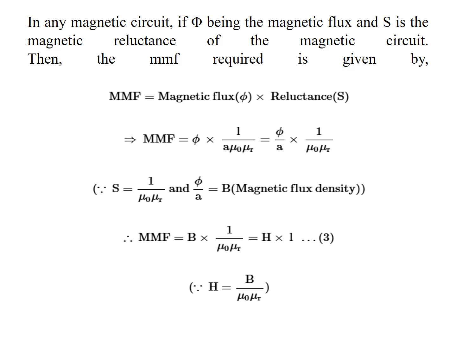As you know, reluctance can be written as L upon mu 0 mu r, and phi by A is equal to B, that is the magnetic flux density. Therefore, we can write the magnetomotive force equals B into L upon mu 0 mu r, which is equal to H into L, where H is equal to B upon mu 0 mu r.